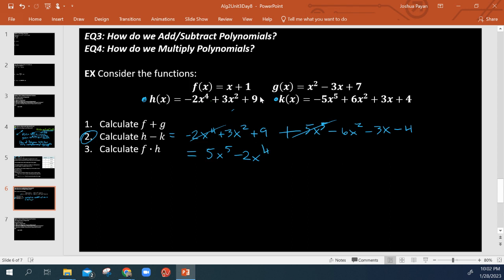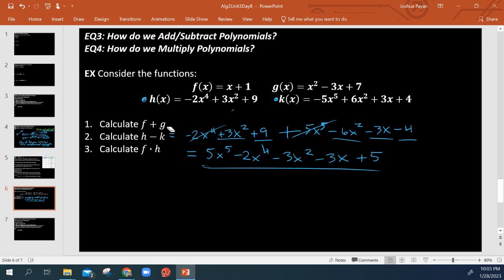Then we have the second degree terms, right, here and here. So those two are going to combine into negative 3x squared, right? And then we see a first degree term all by itself, no one to combine with. And then we have the constants, plus 9 minus 4, that gives us plus 5. That would be our final answer here of h minus k, right?